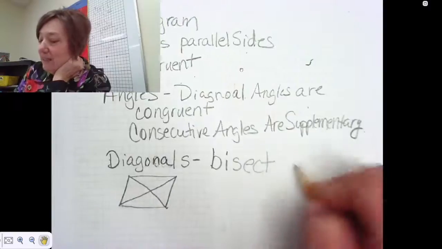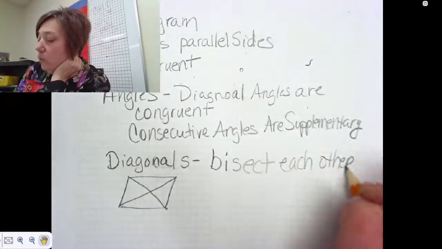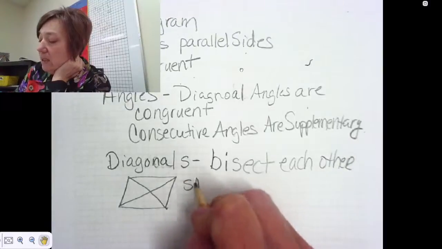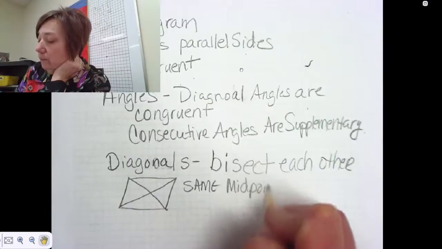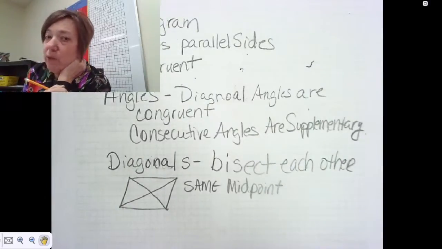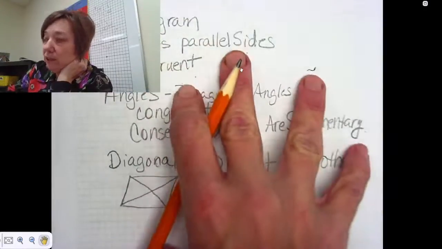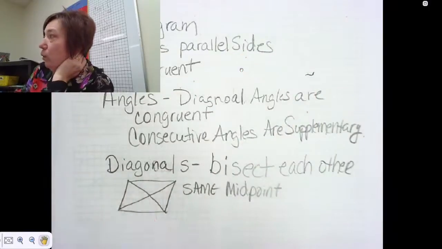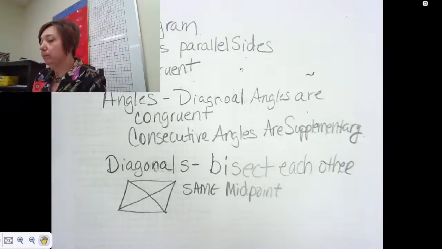They bisect each other, which means they have the same midpoint. The point that's in the middle is the same for both of them. Y'all with me so far? We're going to use this information today to prove that shapes are parallelograms, or to say they're not. Okay?